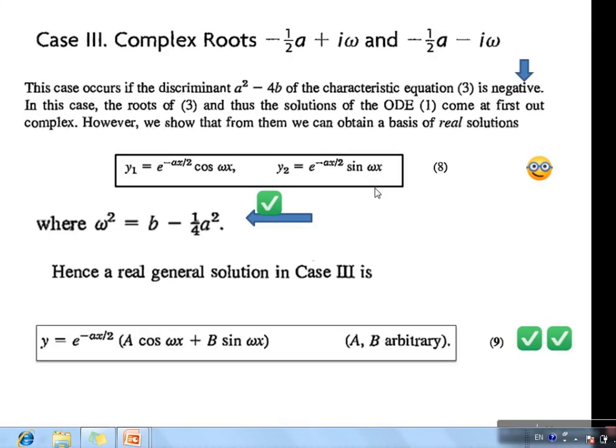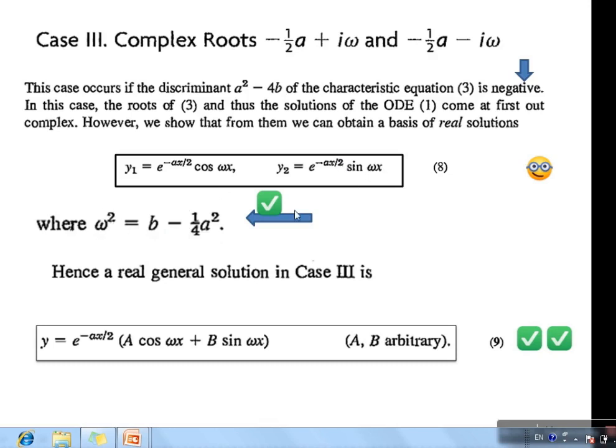Case 3. If the value a squared minus 4b is less than 0, I will get lambda 1 equal to minus a over 2 plus i omega and lambda 2 equal to minus a over 2 minus i omega. By the way, omega squared is equal to b minus a squared over 4.